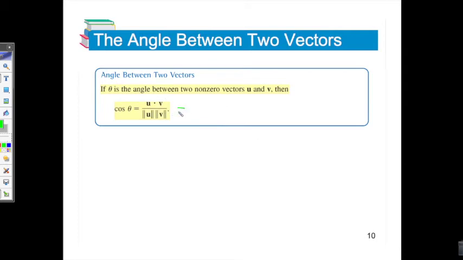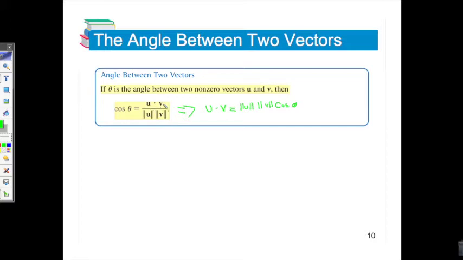All right, if I rewrite this formula here, I get that u dotted with v equals the magnitude of u times the magnitude of v times the cosine of theta. So that's a secondary definition of the dot product, as opposed to multiplying the first two components, adding it to multiplying the second two components. And we'll be able to actually go through a proof of this later on in the chapter. But this is how we find the angle between two vectors.